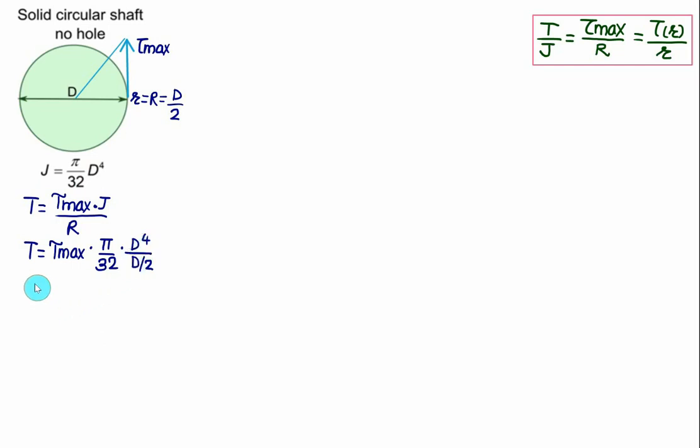So finally we are getting here one very popular formula that I am continuously using for finding the value of the shear stress when the torque is given in the case of solid shaft. So we are left here with pi divided by 16 multiplied by the diameter cube multiplied by maximum shear stress.